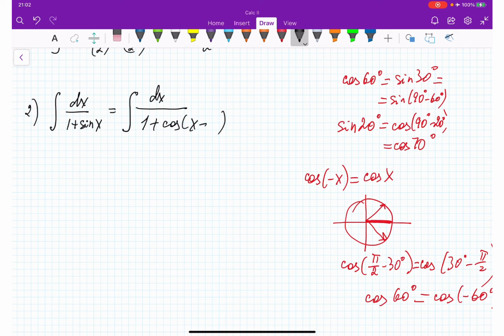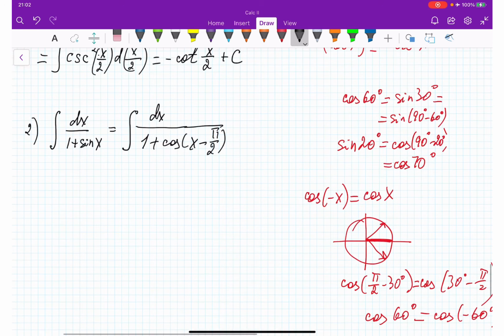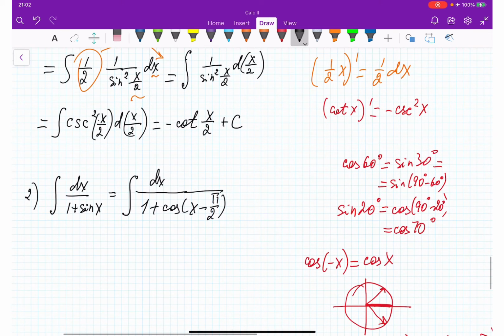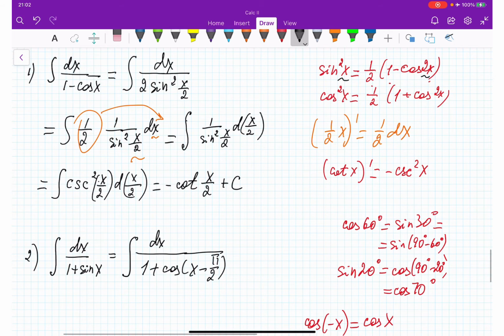X is my angle and I want it to stay positive because it's easier to work with positive. Okay, for that very reason. Okay, from here, now I can use 1 plus cosine. See? Instead of 2x, we have cosine of x minus half a pi. So it's not a big deal. We can take care of that.